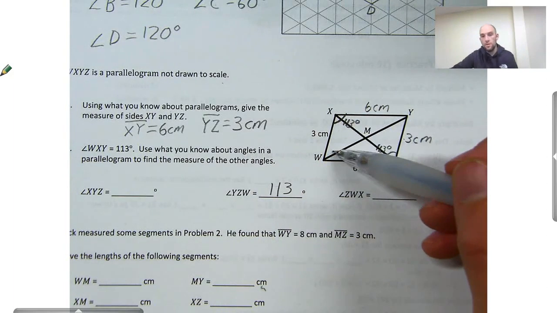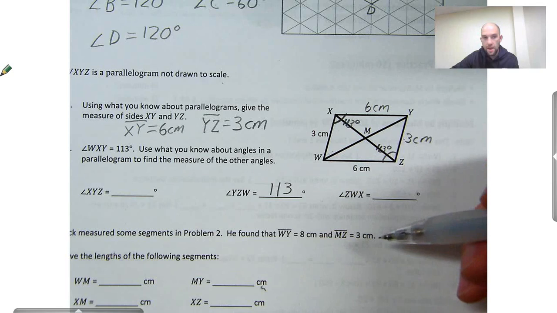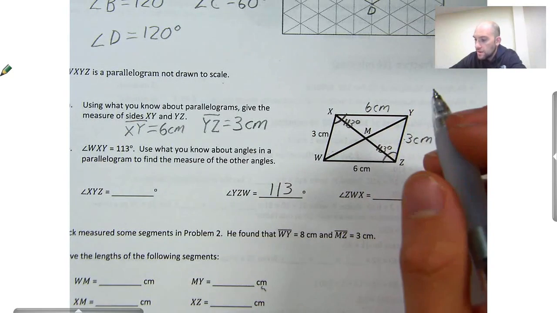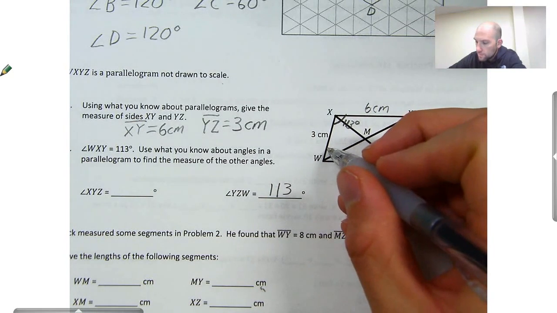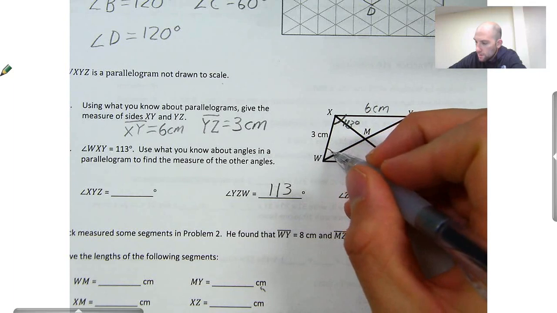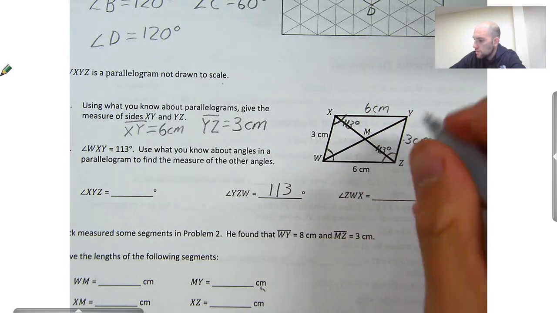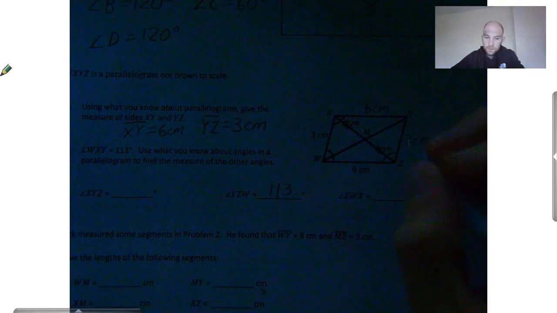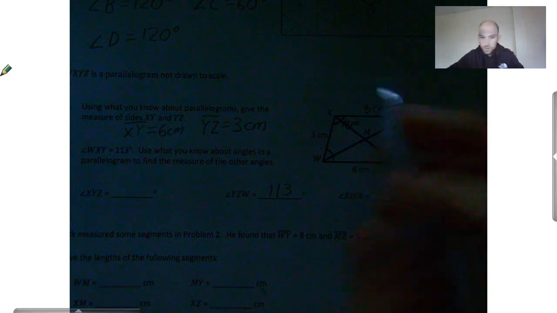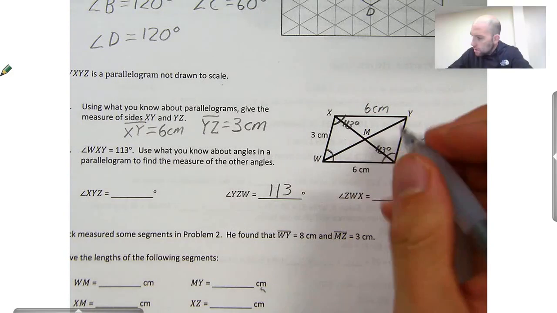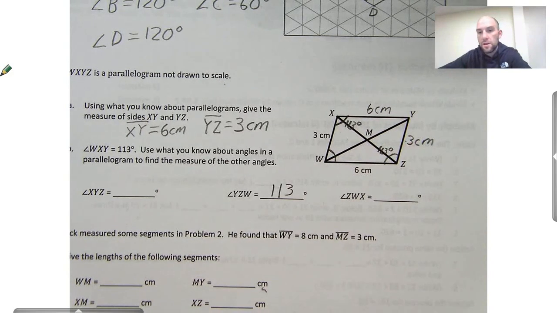We know that this angle and angle XWZ or ZWX are going to add to 180 degrees. So we have 113 plus something equals 180.